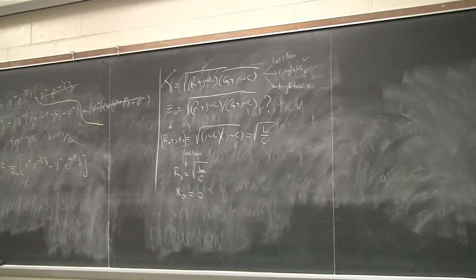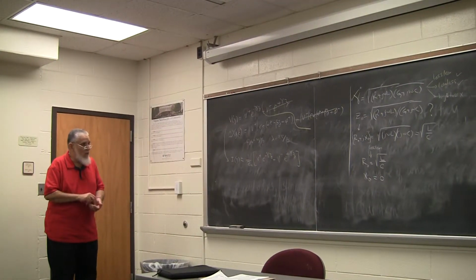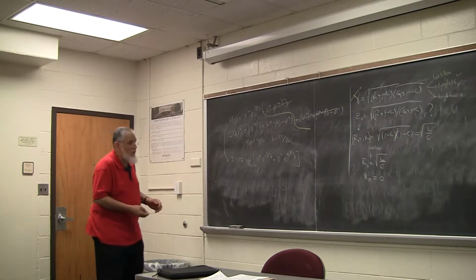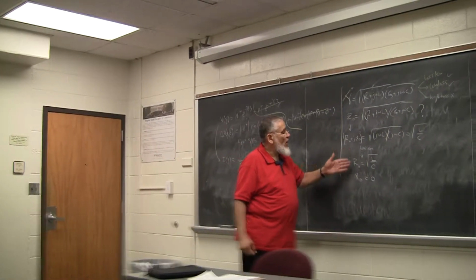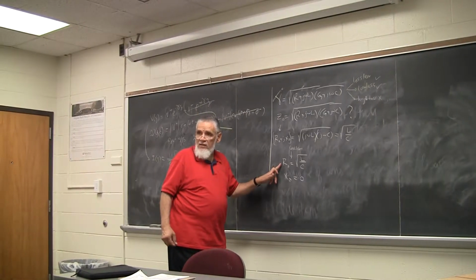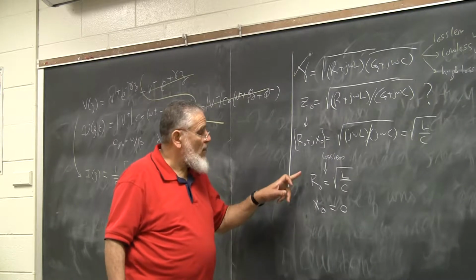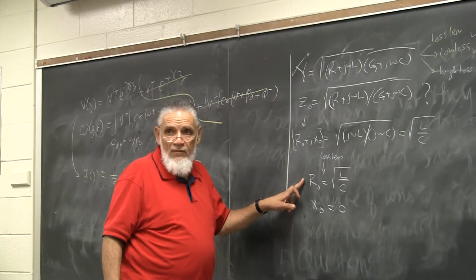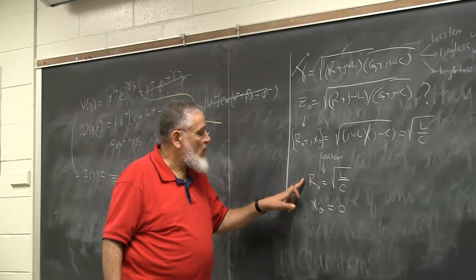We need to look at the physical insight of that at this point. Because I had a question at the end of the lecture, which is well justified. If this is a lossless line, how come we have a resistance and we don't have a reactance? Well, if you look at this as a physical resistance, obviously you are giving it more than it deserves.